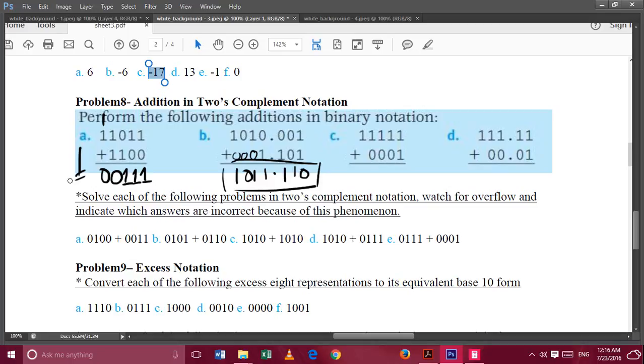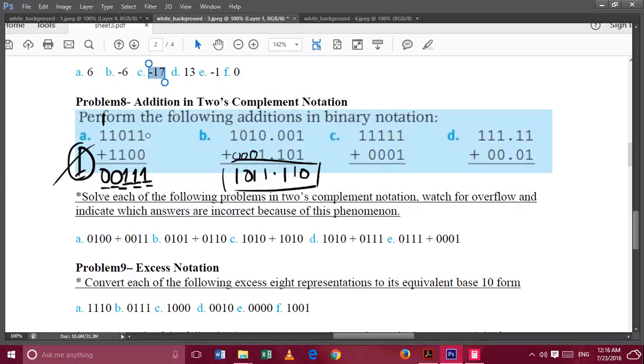This is out. Why? Because these are 5 bits: 1, 2, 3, 4, 5. So make sure that when you're doing this, you're only using 5 bits. This doesn't count. If you put 1 here, it's going to be a mistake, because you're using 5 bits.